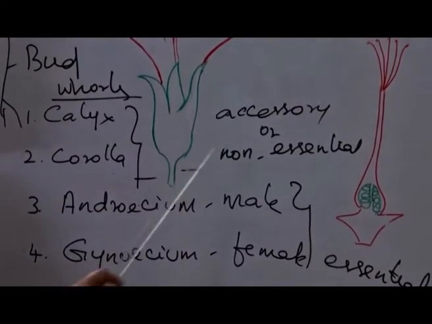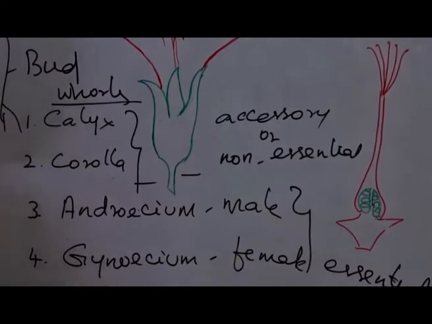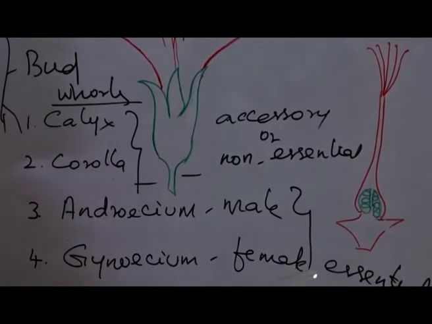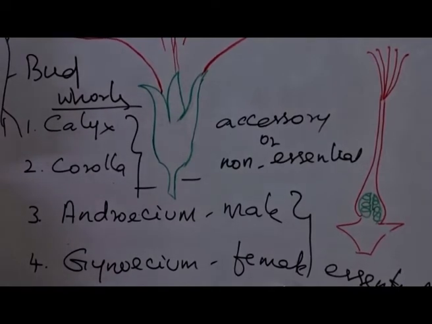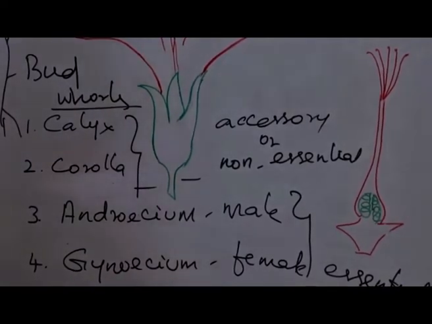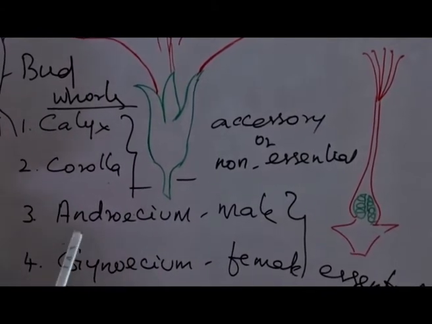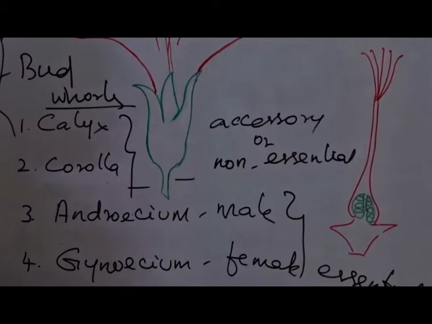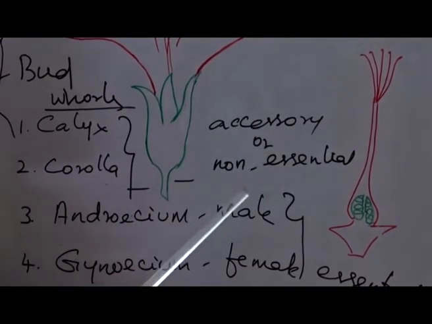Because the androecium is the male part of the flower, giving rise to the male gamete. The gynoecium is the female part of the flower that will give the egg portion or the ovum. But in plants, we just say it is an egg portion, that is the female gamete. So these two are a must. So androecium and gynoecium are the essential whorl. Calyx and corolla are the accessory whorl.